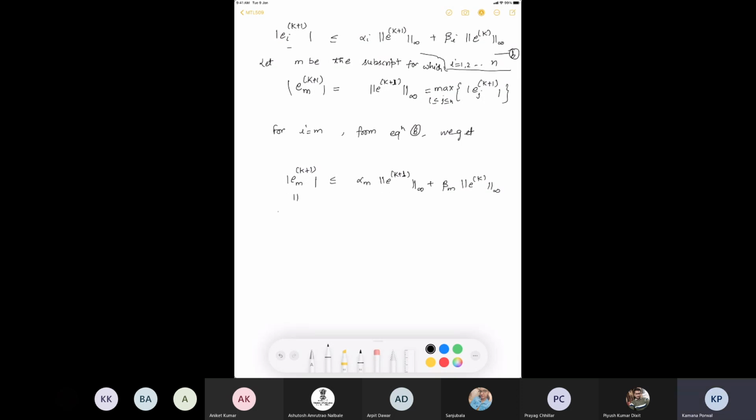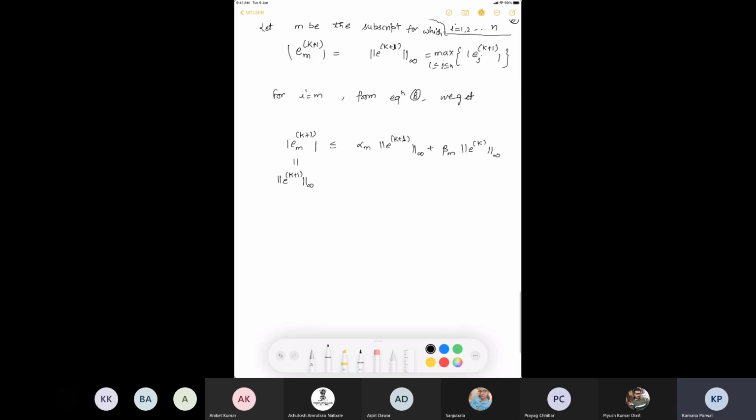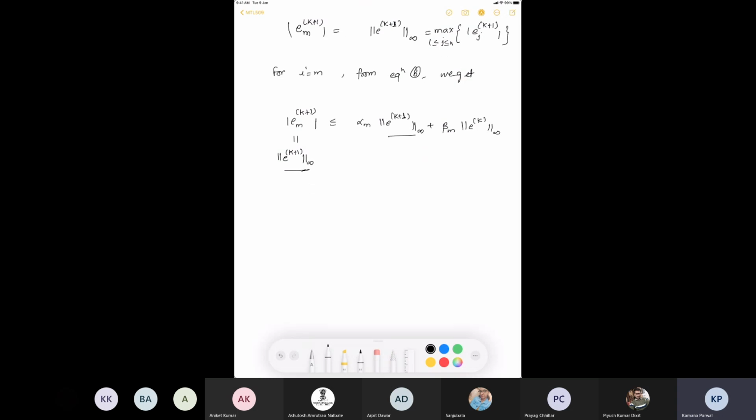Now this is nothing but the L-infinity norm of the error ek plus 1, right? So now I can combine these two terms. I have this term here, and the same term is sitting here. So I'll bring this term from the right hand side to the left hand side, and I'm going to get that 1 minus alpha m times the L-infinity norm of ek plus 1 is less than or equal to beta m times the L-infinity norm of ek.